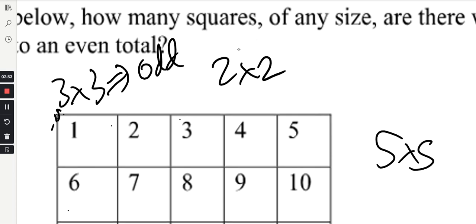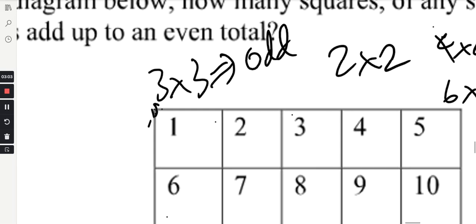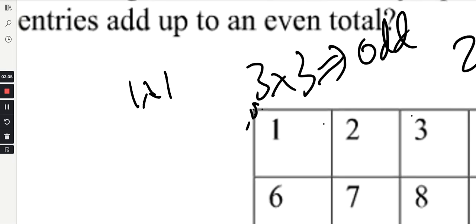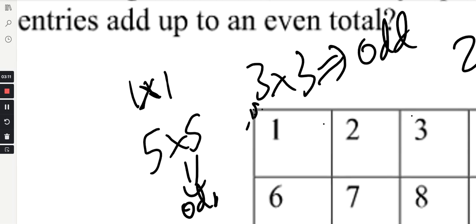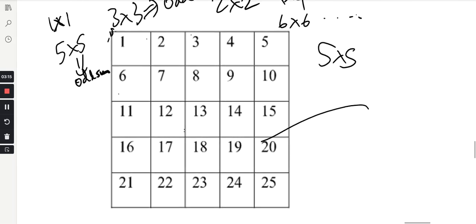numbered squares, like 2 by 2, 4 by 4, 6 by 6, and so on, are going to have an even sum in their numbers whenever you come up with a grid like this. And all odd squares, like 1 by 1, 5 by 5, and 3 by 3, will have an odd sum, of course, and this only works in this type of grid, which has been used before in other questions.